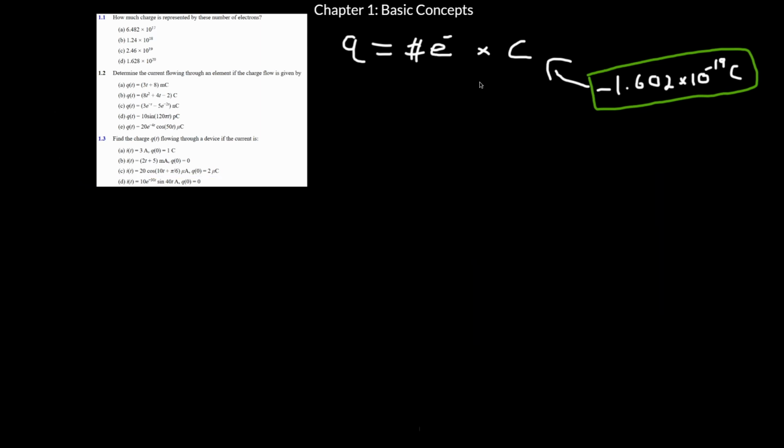So moving on to problem 2, we can look at problem 2 and see that it asks us to determine the current flowing through an element given the charge flow, and then it's going to give us each of these equations.